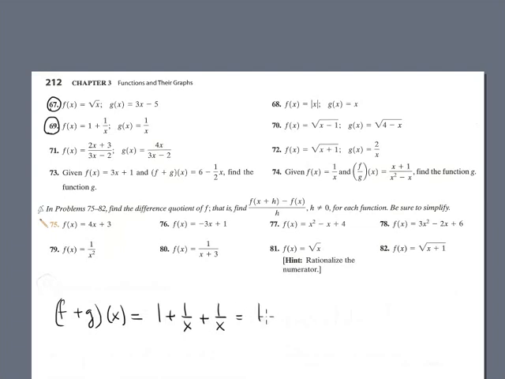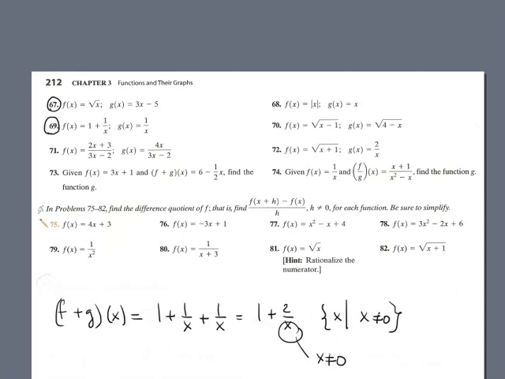It's obvious, 1 plus 2 over x. And the domain is all real numbers such that x must be different to 0, because this denominator must be different to 0.